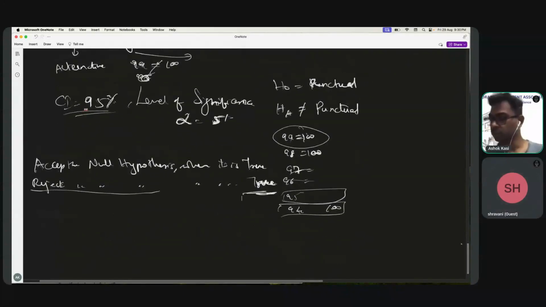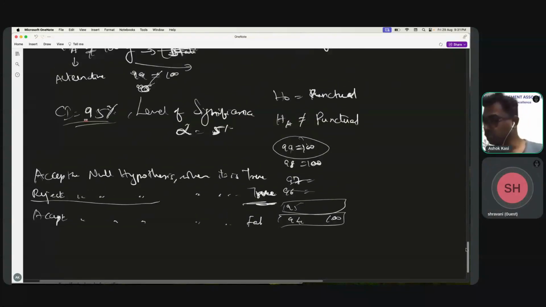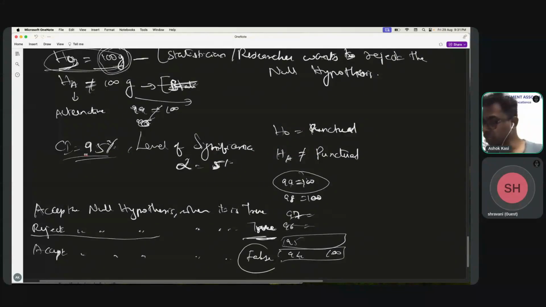The next one is: accept the null hypothesis when it is false. That means it is not equal to 100 gram, but still my experiment said that it is equal to 100 gram.